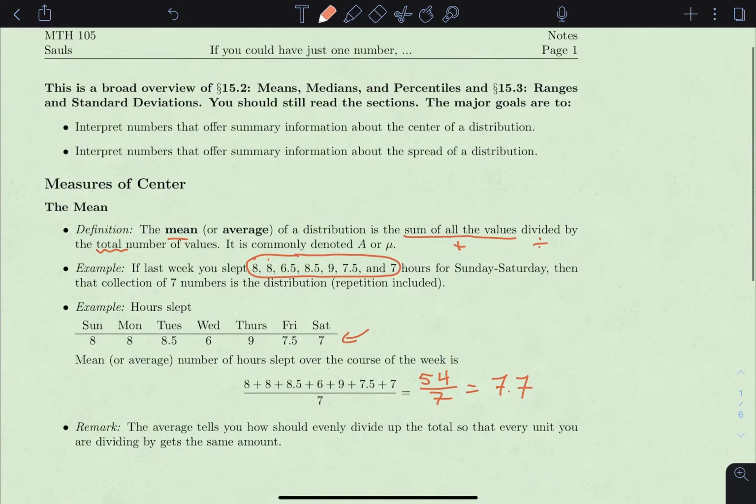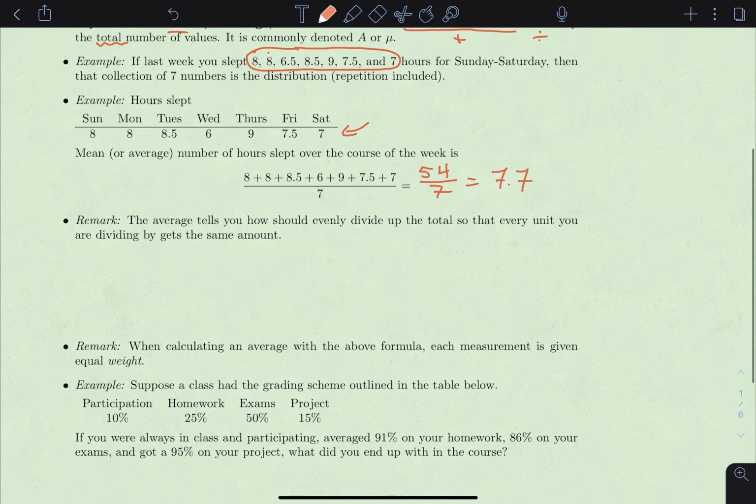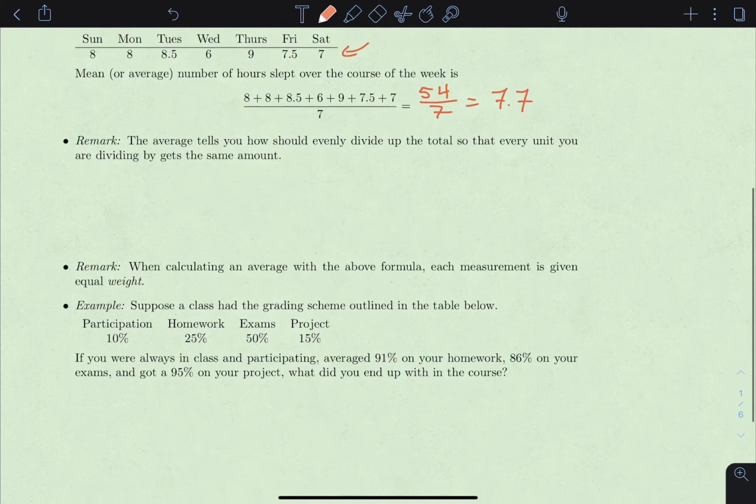And then this next remark says that an average tells you how you should evenly divide up a total so that every unit will have the same amount. So in our example above, that would mean having the same number of hours slept over the course of the week if we slept 7.7 hours per night.